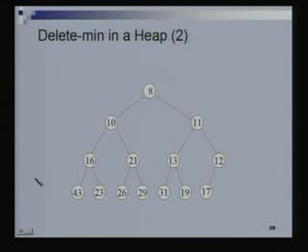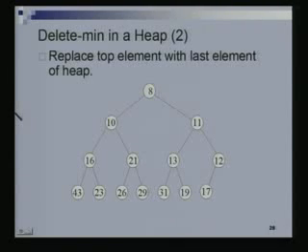Let's see what is the right procedure for doing a delete min. So we need to get rid of 8. Now when we get rid of 8, the number of elements in this heap is going to reduce. So structurally, this heap should not be having this node anymore here.